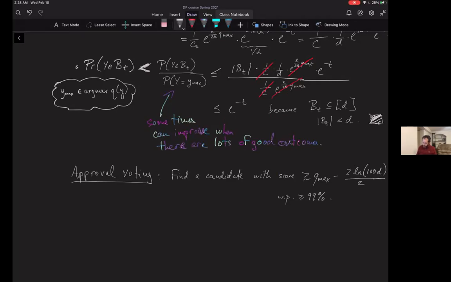And again, in contrast, if we'd used Laplace noise to release the number of votes for each candidate, we would have had much worse scores.